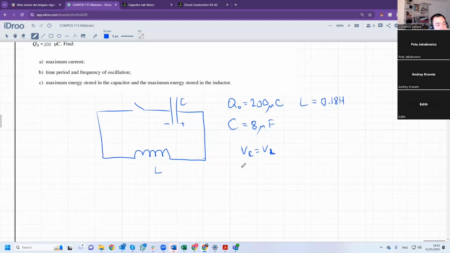This is Q over C is equal to minus L d2Q over dt squared. And we know the solution. Q is A multiplied by cos of omega t plus phi.